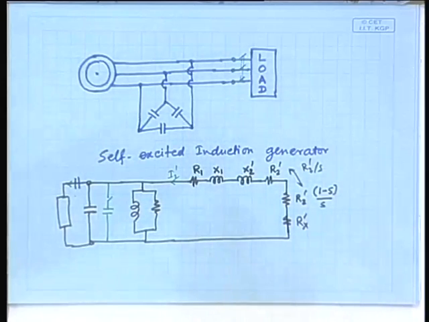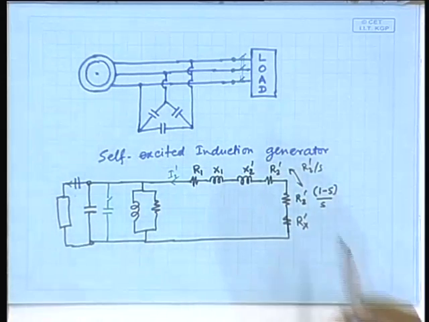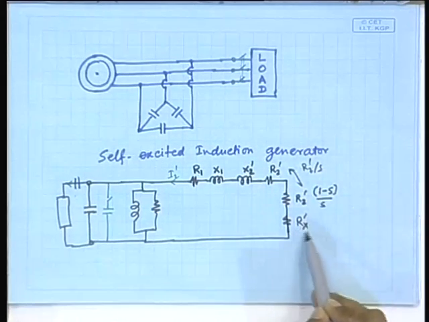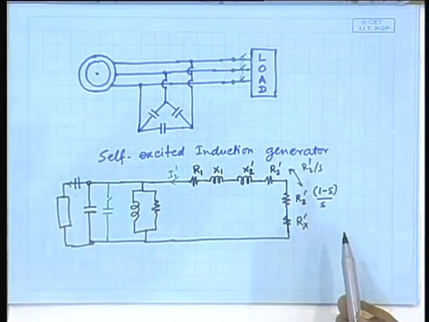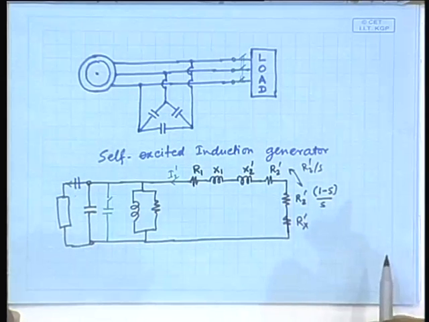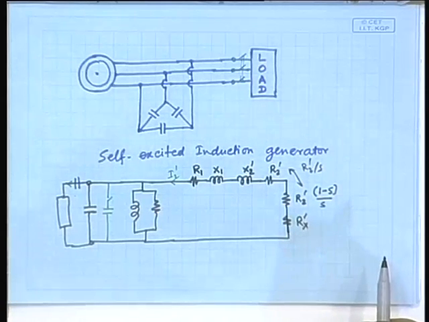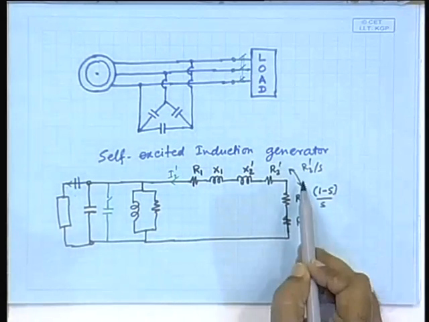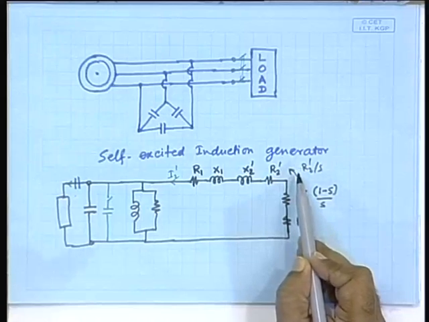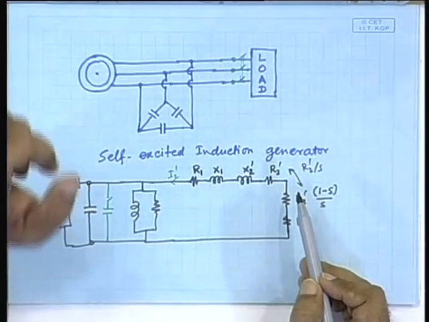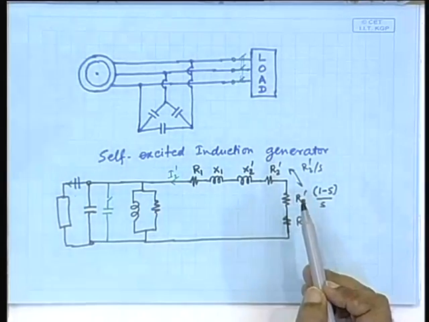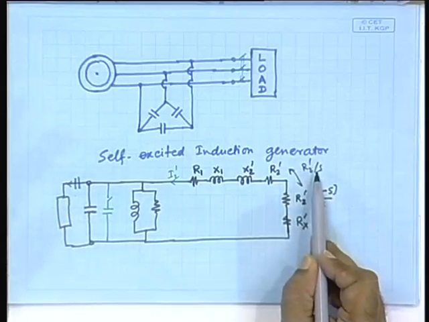So, all your strategy will be that this plus this should now remain the same. That means whatever was your R2 prime by S when it was rotating at the rated speed, generating the rated amount of power, even if it is speeded up more, we will keep it the same.